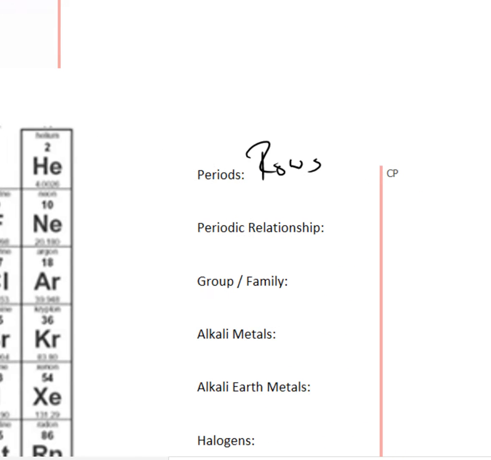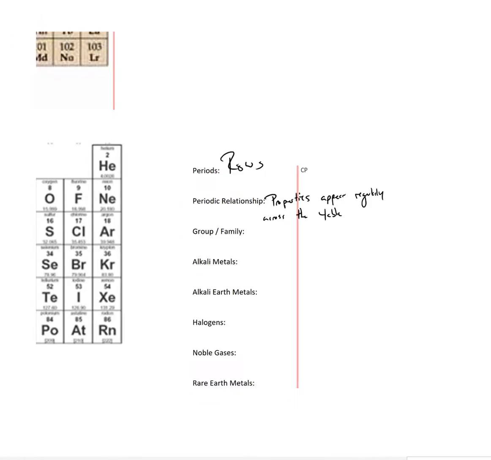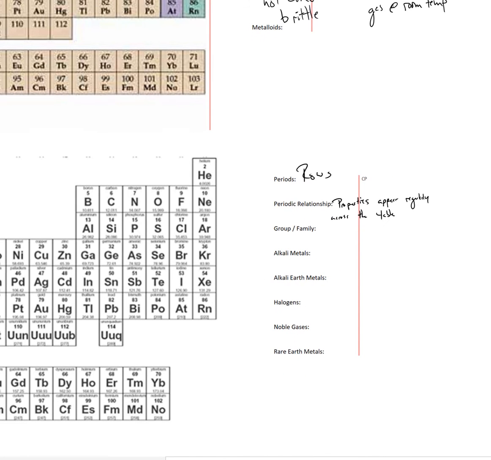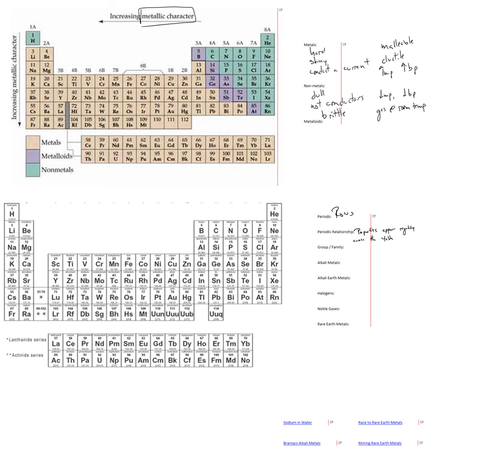A periodic relationship, and that's what I mentioned earlier, is that similar properties appear periodically or regularly across the table. Let's say you have a property of binding with 4 hydrogens.